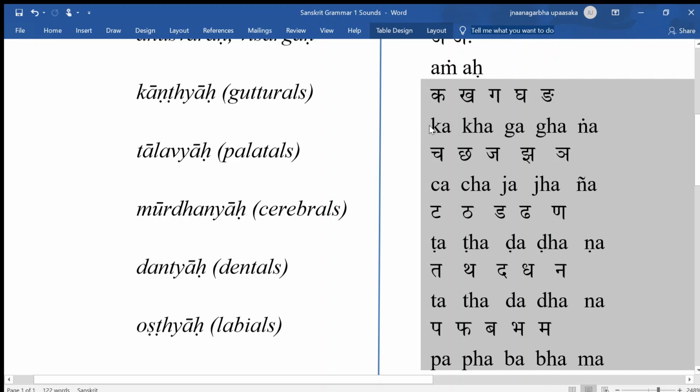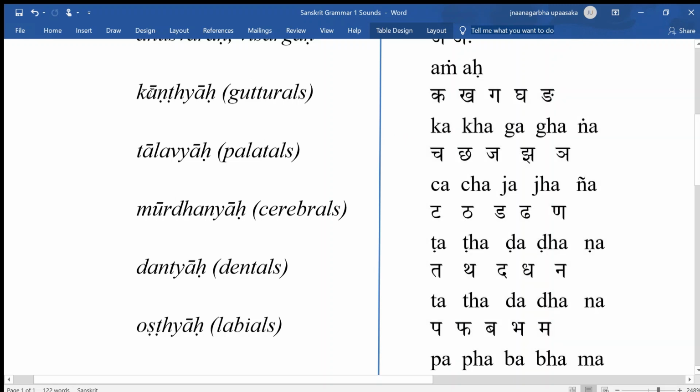So the first row is kantyaha, the gutturals, which are formed at the throat. Talavyaha, these are formed at the soft palate, which is the part of the palate which doesn't have bone and which is closer to the throat. Then murdhanyaha, cerebrals or retroflex.